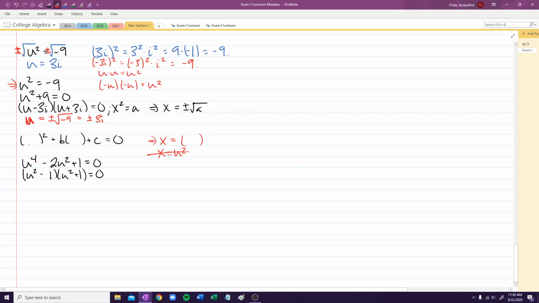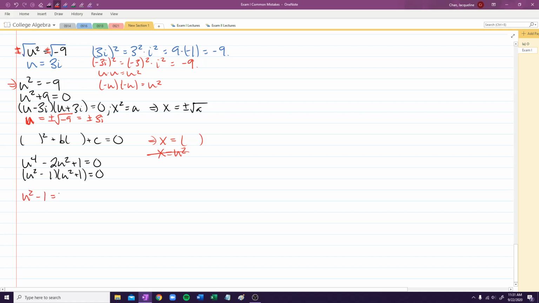Okay, but the biggest thing I want to talk about here, so say that we didn't substitute, and then we got something like u to the fourth minus 2u squared plus 1 is equal to 0. Right, and then you factor that to be u squared minus 1 times the quantity u squared plus 1 is equal to 0. Sorry, so okay, I'll just finish it.